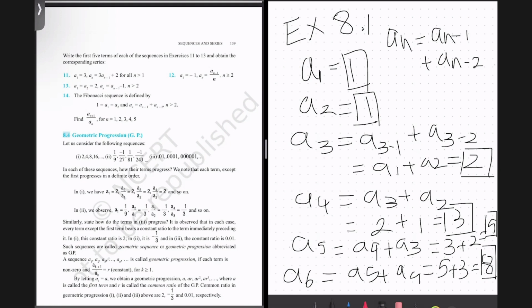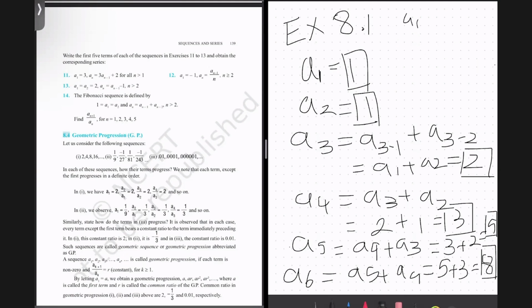Let me write all of these terms somewhere, and then I'm going to use these values when I'm calculating a of n plus 1 upon a of n, right? So let me just erase this part maybe, and I'm going to write all of these terms here.